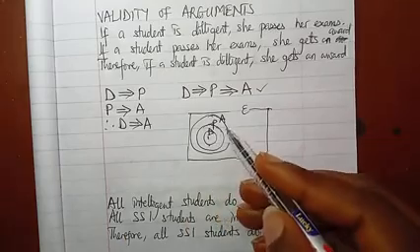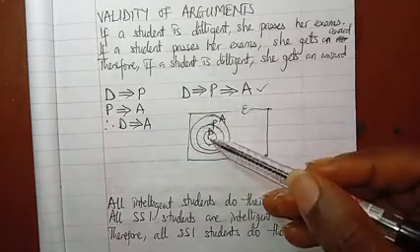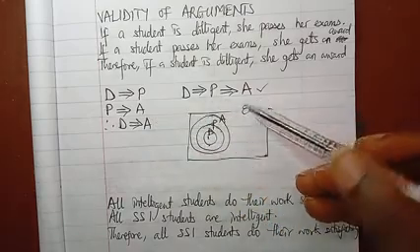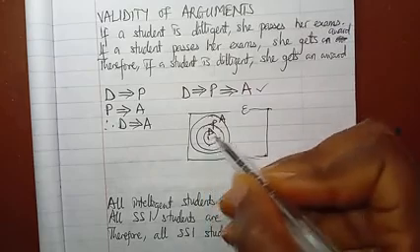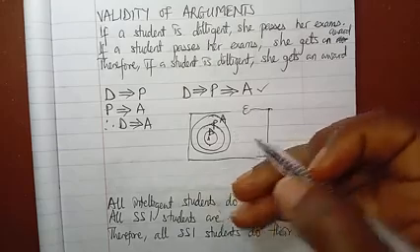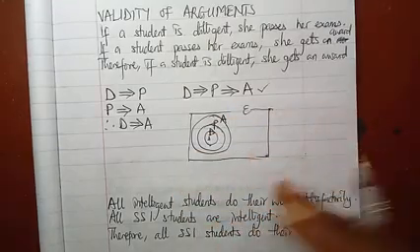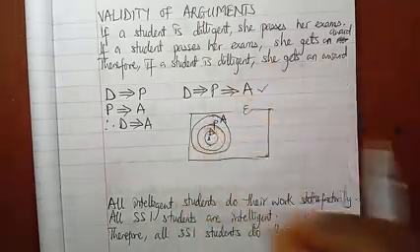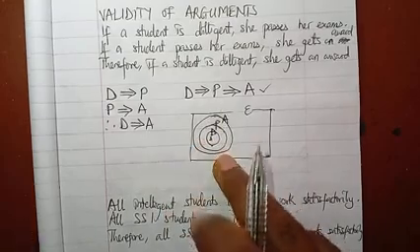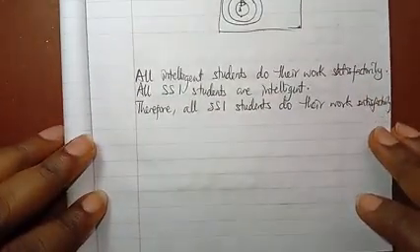So the conclusion generated from these premises is a valid conclusion, because all our diligent students are inside our award-winning students. We'll be looking at other examples to see how other Venn diagrams look. They must not all look like this. So let's go into this second example.